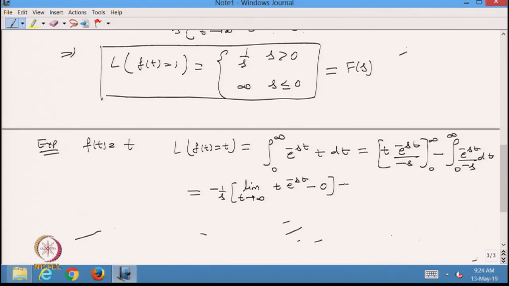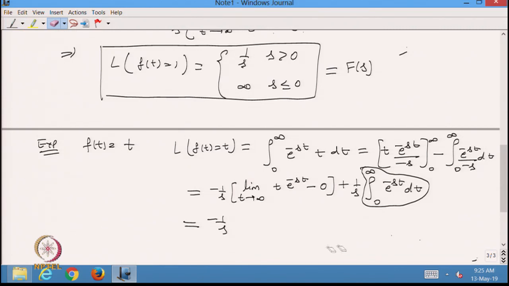So, this will be plus 1 by s times the integral from 0 to infinity of e^(-st) dt, and you know that this is the Laplace transformation of the function 1. We have just finished this one, and that value is 1 by s. So, from here I define 1 by s, and then solve this integral and this limit.